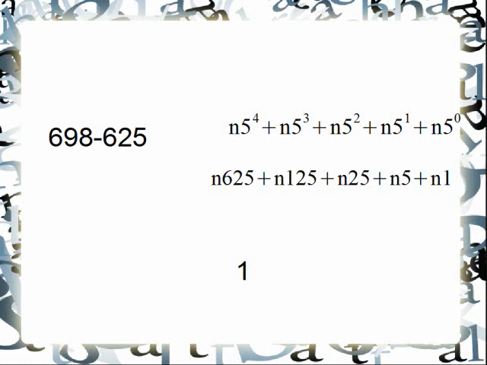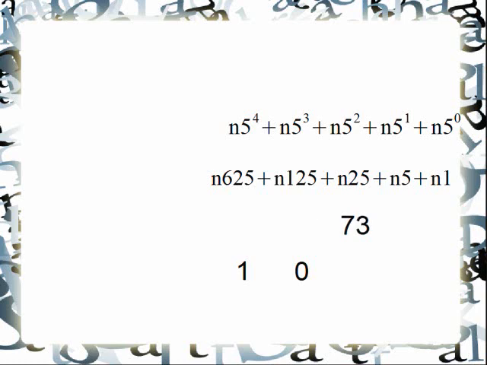So 698 minus 625 is 73. 5 to the 3 is 125, which is bigger than 73. If that is the case, then the next digit in your number will be 0. Don't be afraid of 0. Even though it is the strangest number, it is necessary for your calculations.